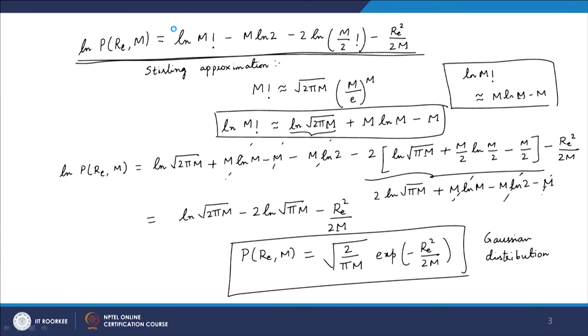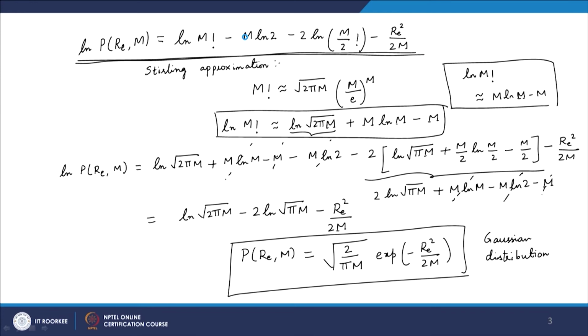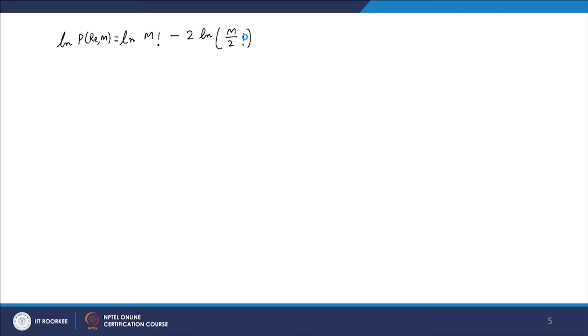So, what we had was ln of p of Re, m is equal to ln of m factorial minus 2 multiplied with ln of m by 2 factorial minus m ln 2 minus Re square by 2m.